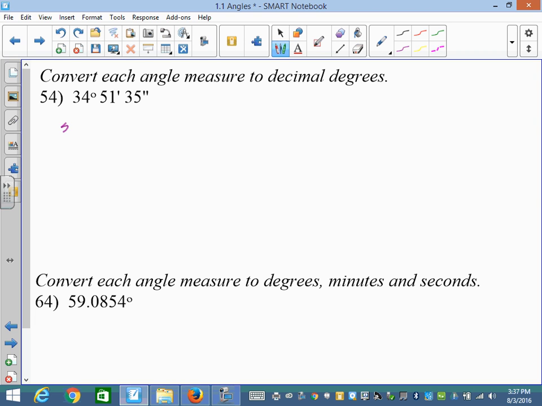So this would have been 34 plus 51 over 60 plus 35 over 60 squared.